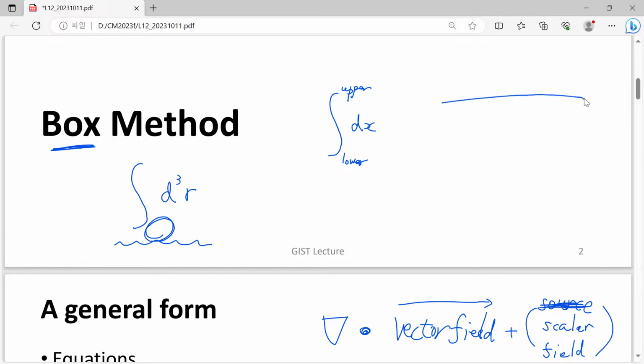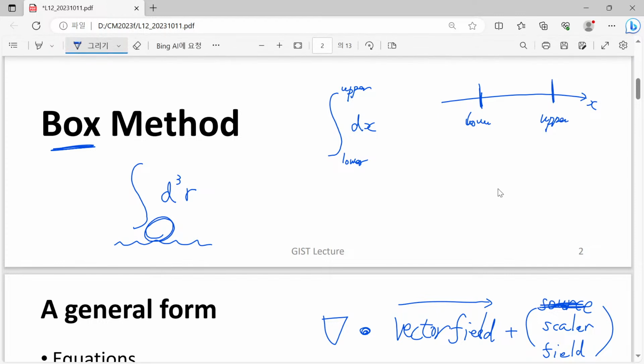In the case of 1D x, we can say this is the domain, lower, upper. But how about 2D, x and y? How can we set the range of the integral?